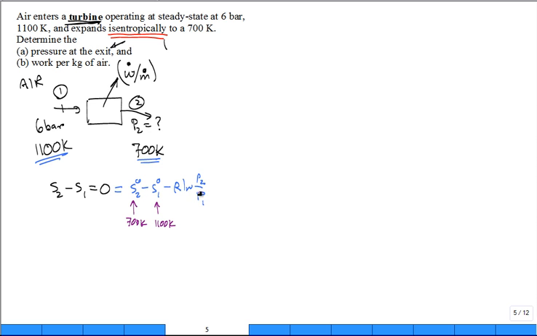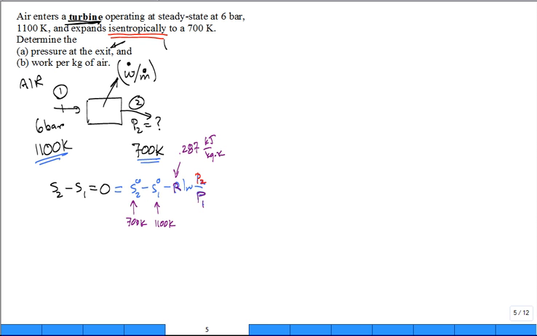You already were given P1. R is R bar over molar mass, 0.287 kilojoules per kilogram Kelvin for air. Guess what the only unknown in this whole equation is? P2. Solve for it.